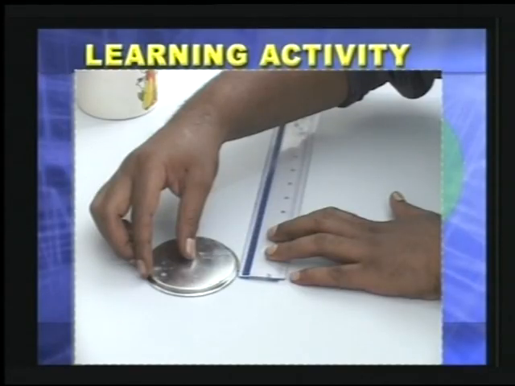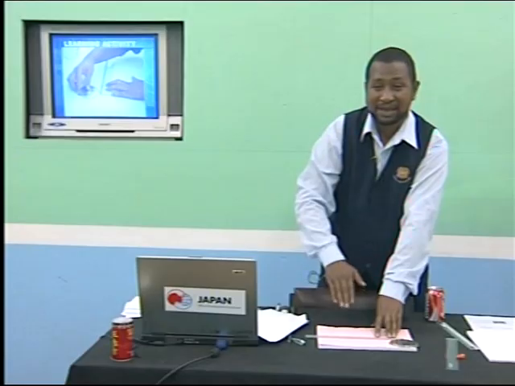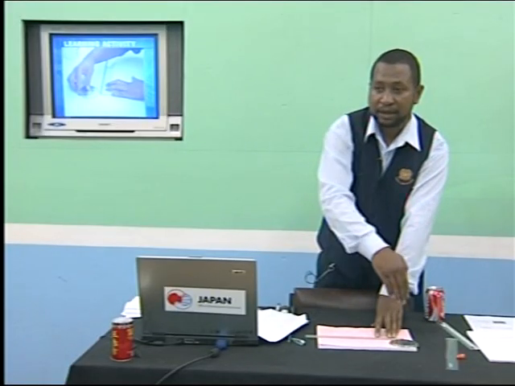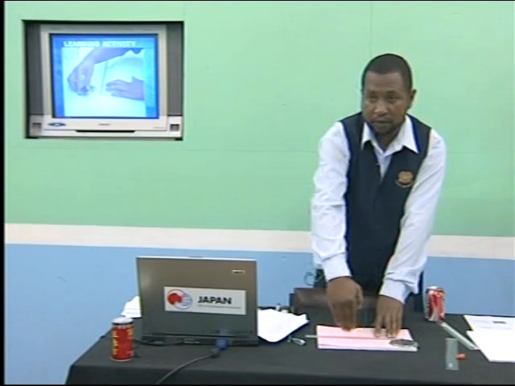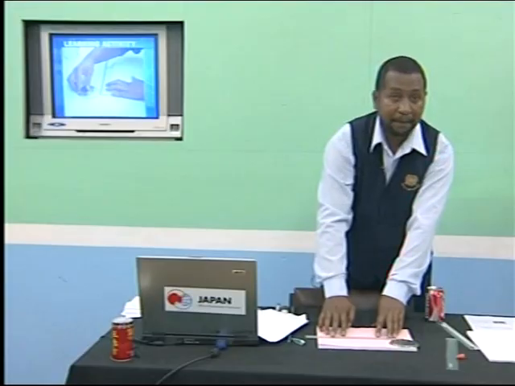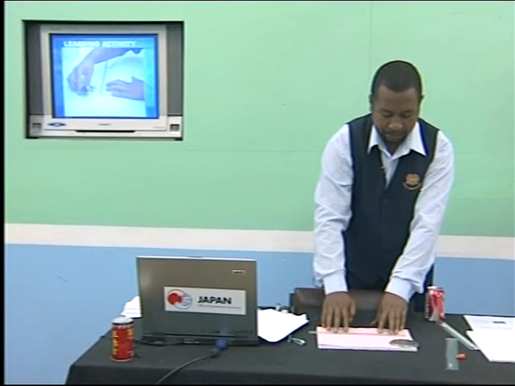Now, your other friend, you hold on to the circular object and try to roll it over until it returns to the mark again. Make sure the circular object must not slip over the ruler. It must be straight on the ruler moving towards the marking point. Is that clear?